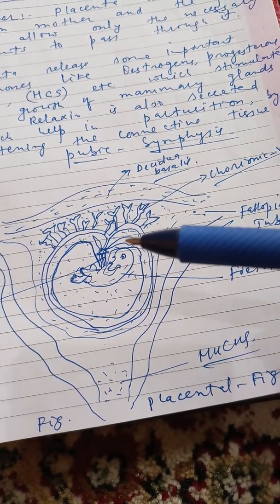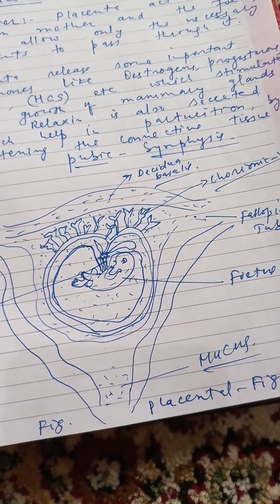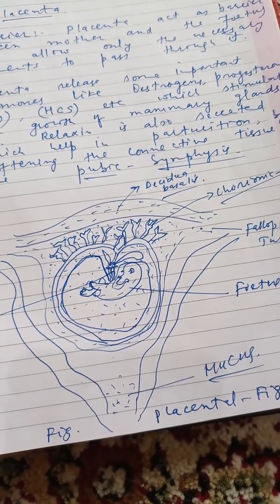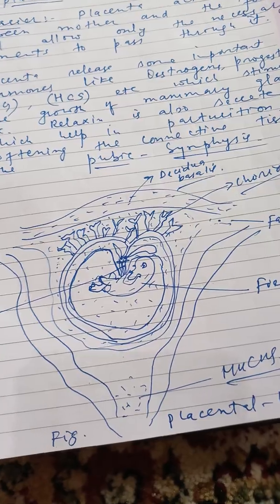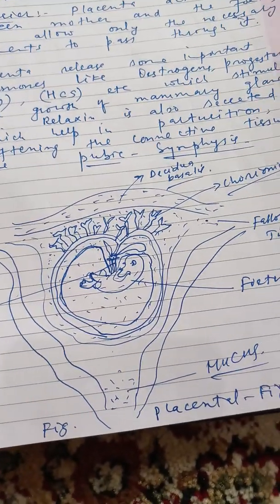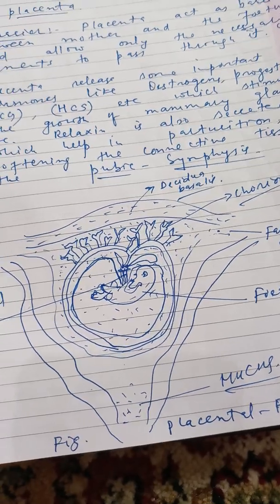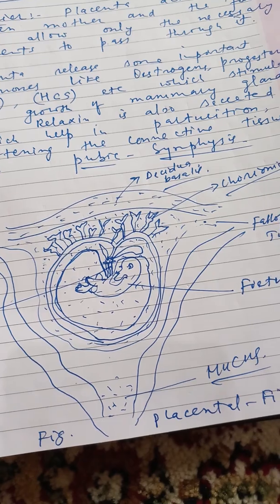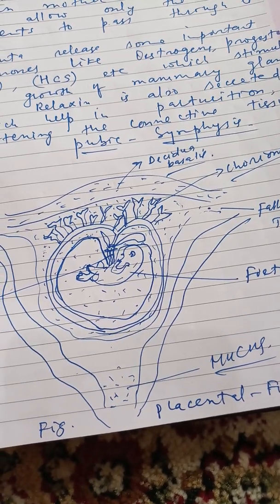And then HCG, human chorionic gonadotropin hormone, is also a hormone which helps in carrying out the pregnancy. And then the next hormone is HCS, human chorionic somatomammotropin hormone, which helps in the growth of mammary glands for the mother.